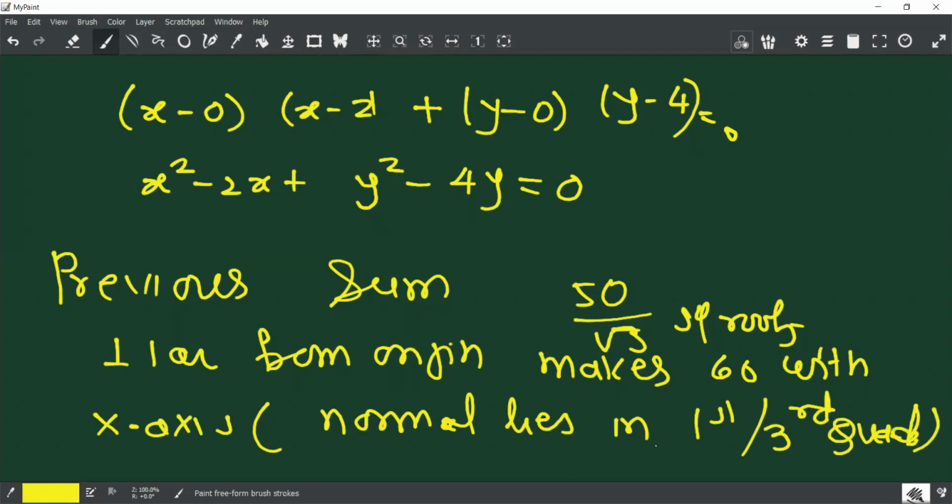That's why we considered only two cases. First and third was given. Did you understand?